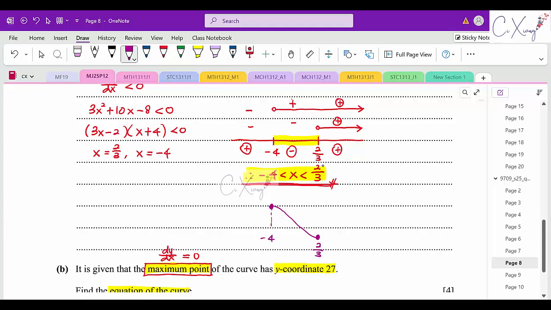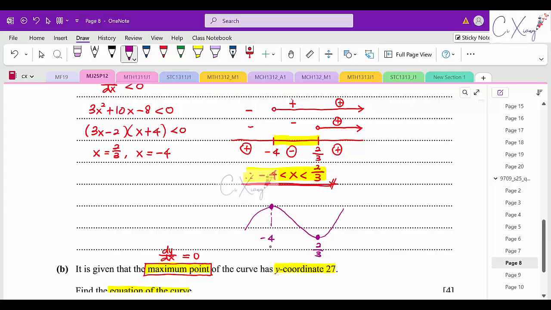Because after the 2/3, you can see that our function is increasing. So after this stationary point at the lower value of y, the function will increase. So from the number line that he drew in part A, he knows that the maximum point should be with the x coordinate of -4. So this is another way of deciding which is the value of x that pairs together with 27.